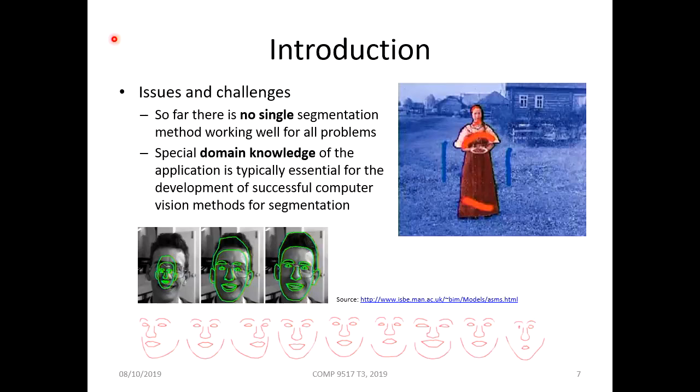So even when people use deep learning in medical image analysis, for example, they may still use a range of more traditional techniques, either for pre-processing the images to make it easier for the deep learning system to do the segmentation problem, or as a post-processing step to further enhance the output of a deep learning system.